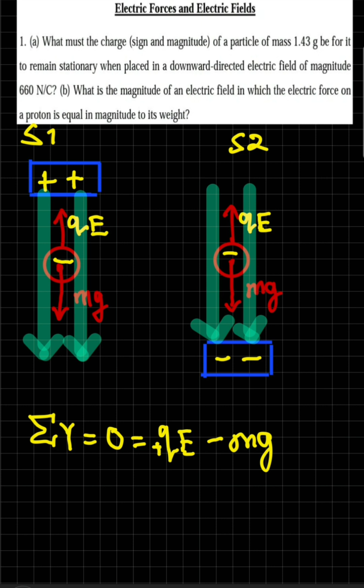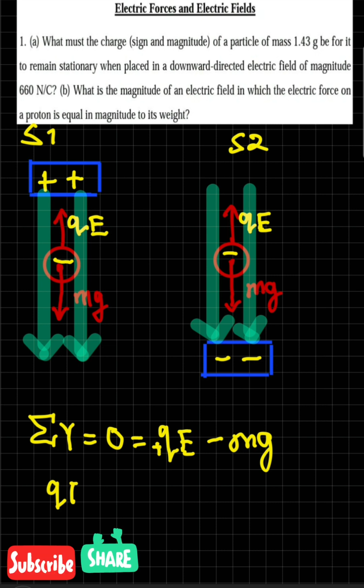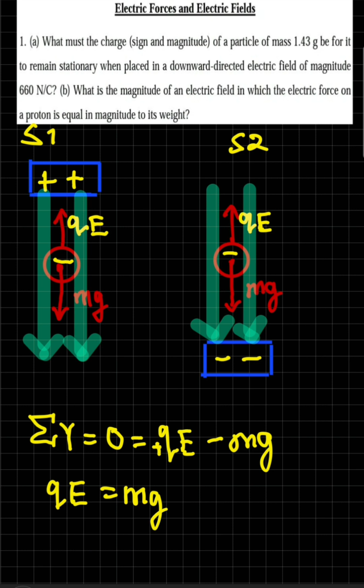Because these two forces are equal, the summation of those two forces gives us 0. So we have this equation: QE is equal to mg, which makes sense because for this charge to be stationary, the upward force must be equal to the downward force. Otherwise, if one force was greater than the other, there would be motion in the direction of the greater force.